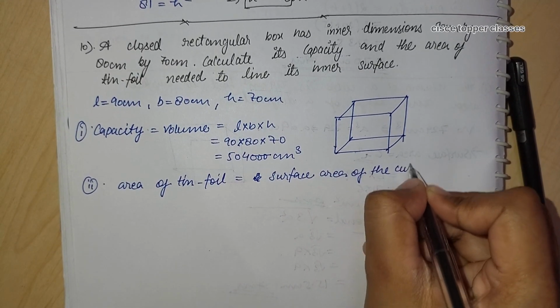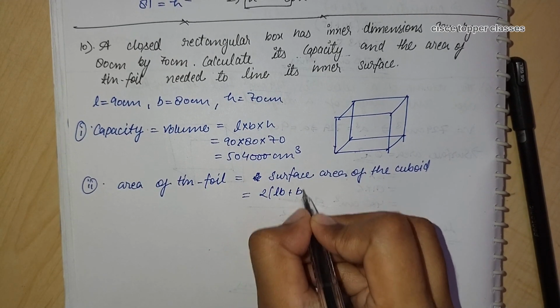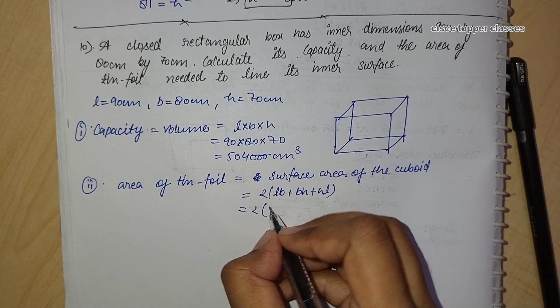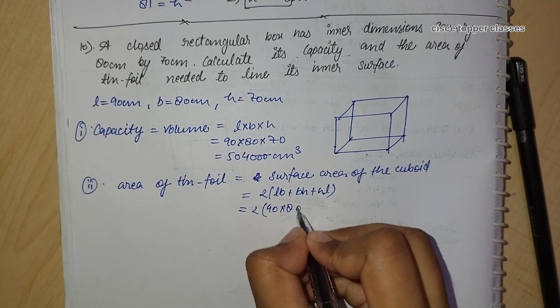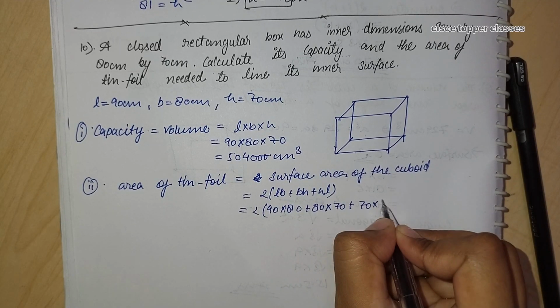So we know the formula for that also, that is equal to 2 times length breadth plus breadth height plus height length. So we will multiply this part: length into breadth will be 90 into 80 plus 80 into 70 plus 70 into 90.